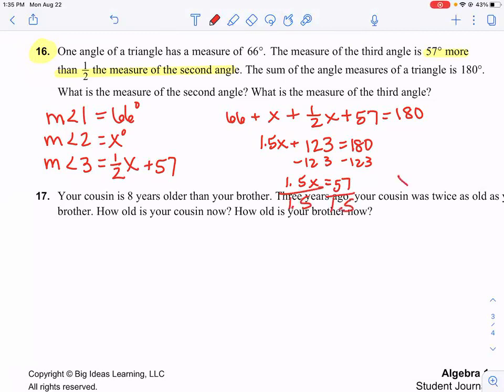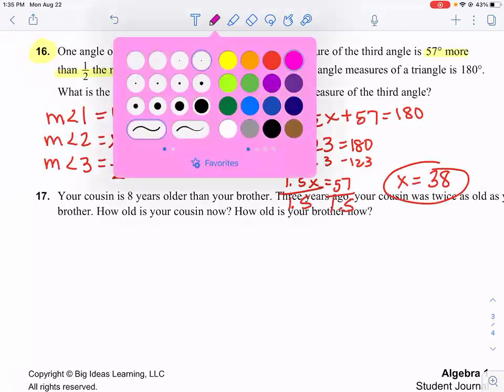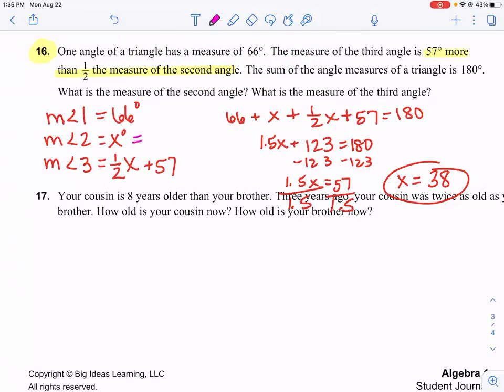And then we can divide by 1.5 to get, I'll just tell you, 38. Okay, so what we can do is we can come over here. We know the measure of angle 2 is 38 degrees. And we know the measure of angle 3 is 1/2 times 38 plus 57, which is 76.